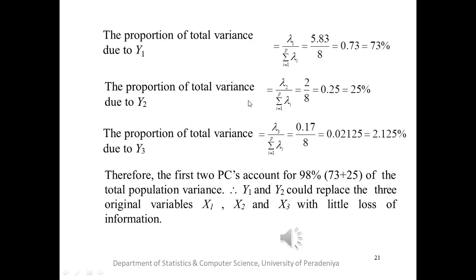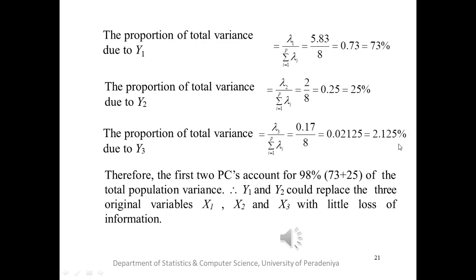Since eigenvalues represent the variance of the respective principal component, now we can find the proportion of total variance due to each principal component. The proportion of total variance due to y1 is 73%, the proportion of total variance due to y2 is 25%, and the proportion of total variance due to y3 is 2.125%.